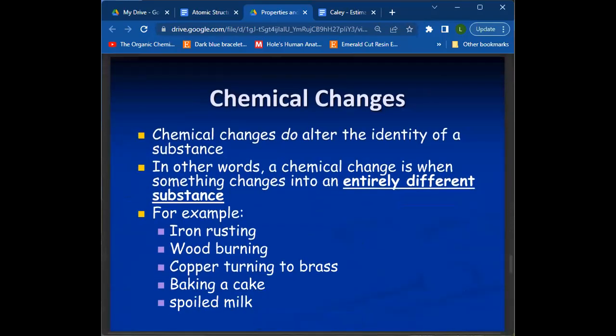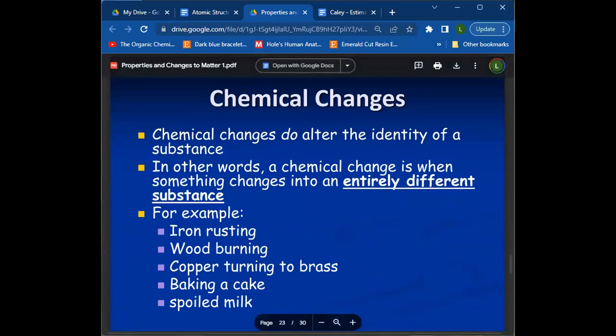Okay, that's different than chemical changes. So for chemical changes, they do alter the identity of the substance, meaning that it changes into something new. So, in other words, it's an example of a chemical reaction.